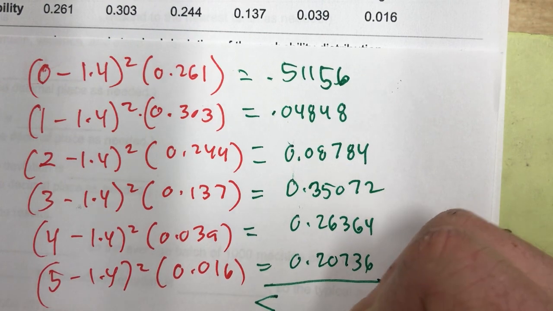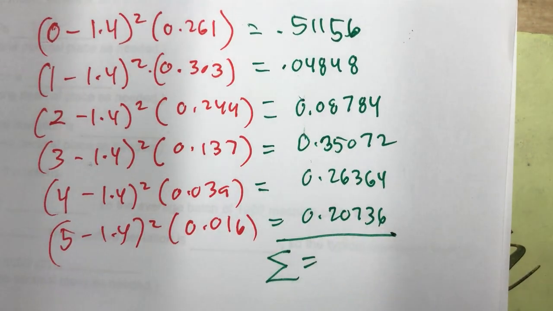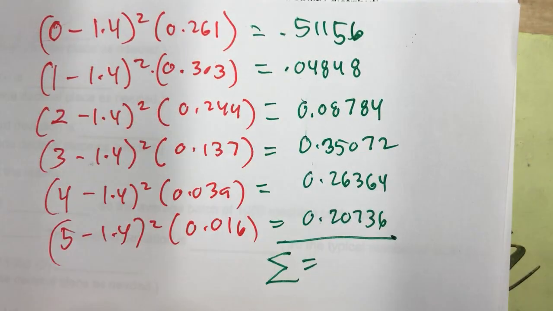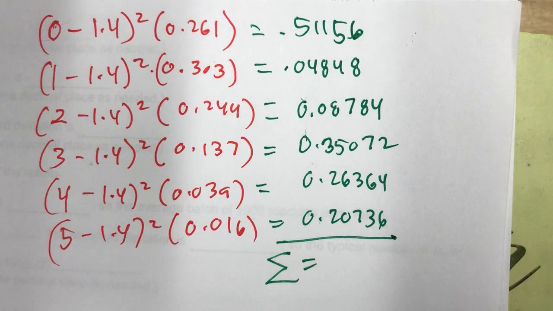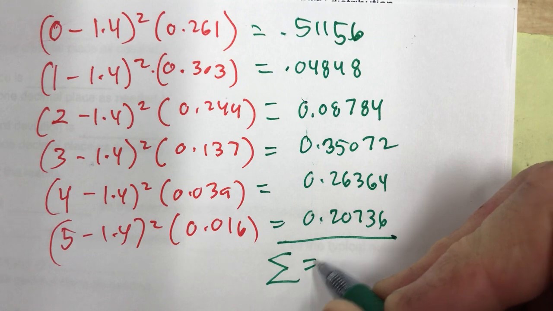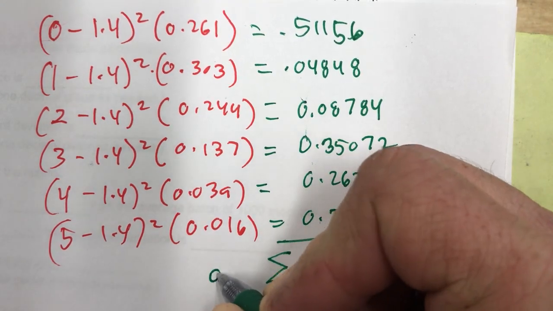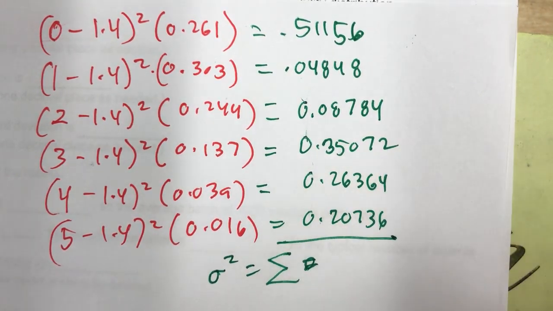All right, now add all these up. Okay, add all those up, and that would be my variance, which I put the sum thing here. If I'm going to sum those up, my variance is going to equal this sum.